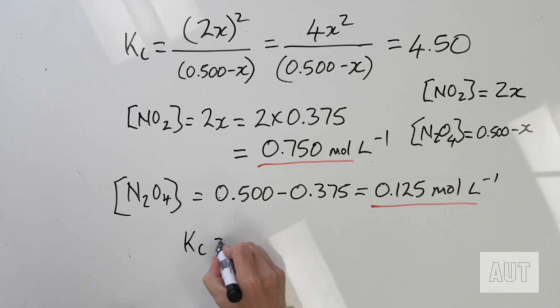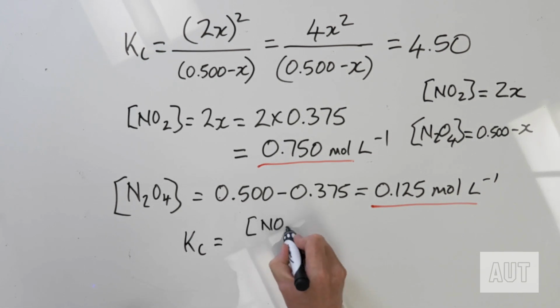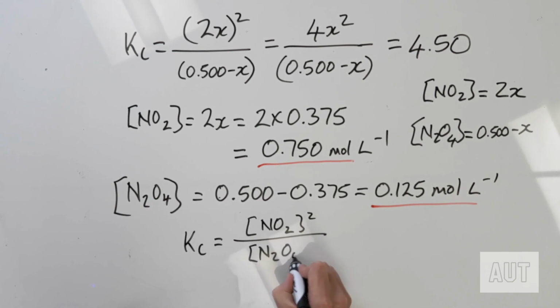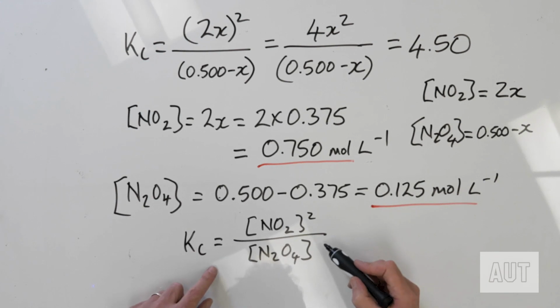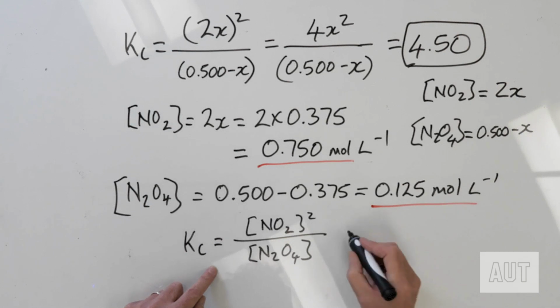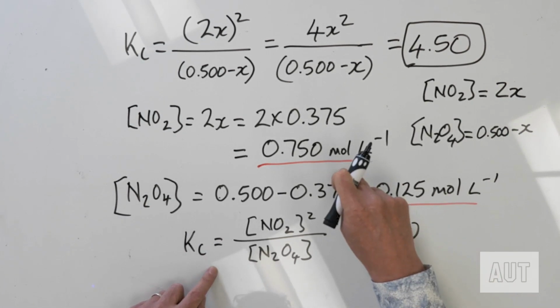Okay? You're going to check your answer, and the way that you're going to do that is you are going to substitute these values back into your expression for Kc, because we said that Kc is equal to the concentration of NO₂ squared over the concentration of N₂O₄. Put these two numbers back into this equation and you have to get the answer 4.50 if these numbers are correct.